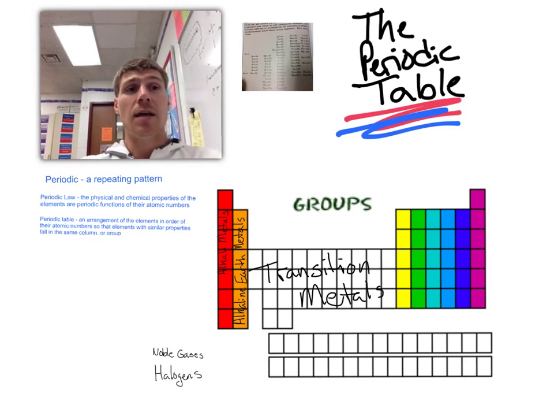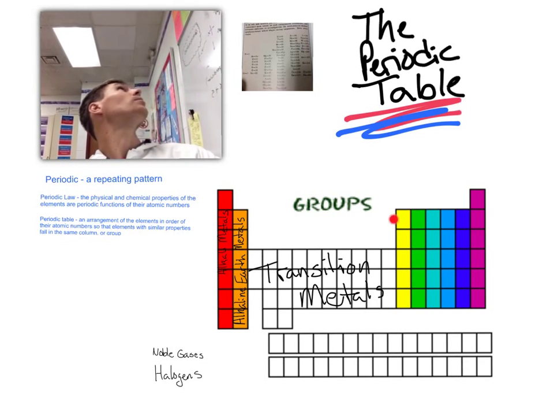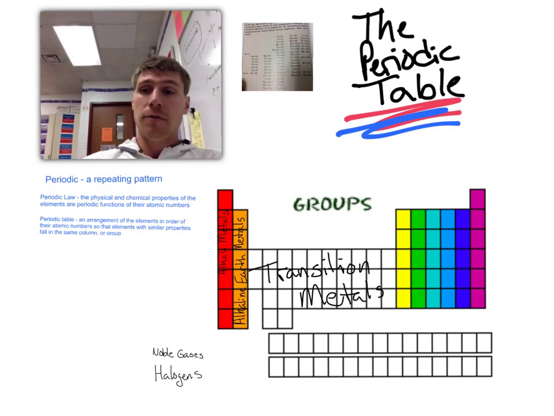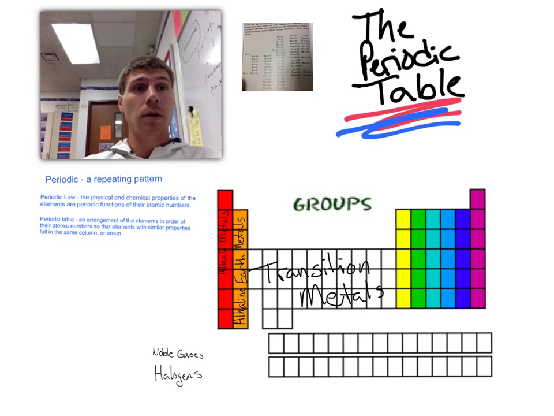These are all just named by the first element at the top: the boron group, the carbon group in green, the nitrogen group in light blue, and the oxygen group in sky blue.